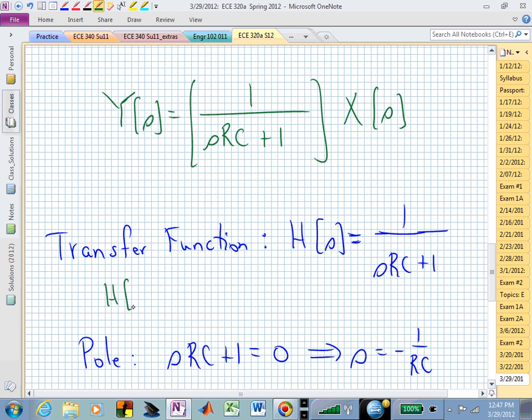You could write H of s. Suppose I factored out the RC from the denominator. Then I'm going to push that RC up in the numerator. I have a 1 over RC in the numerator, and now my pole is explicitly identified in that factored form. This would be a pole zero form.